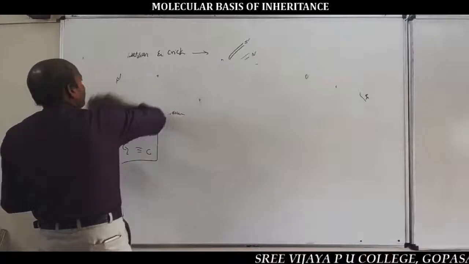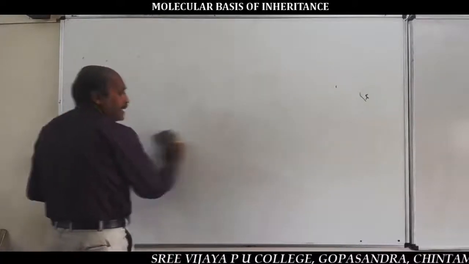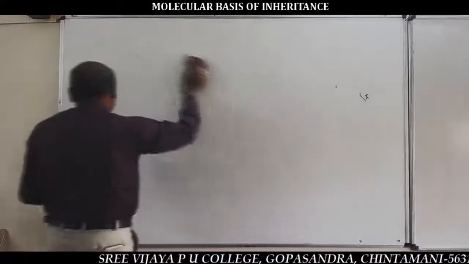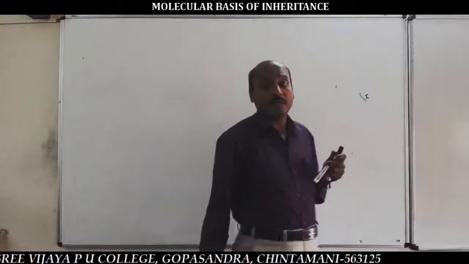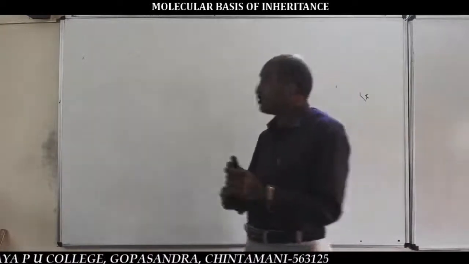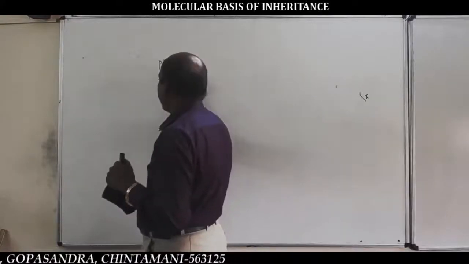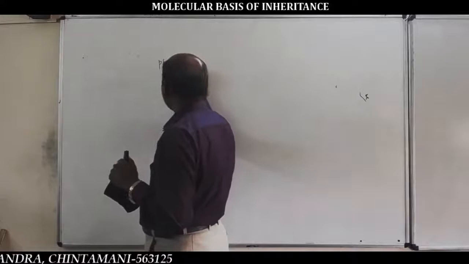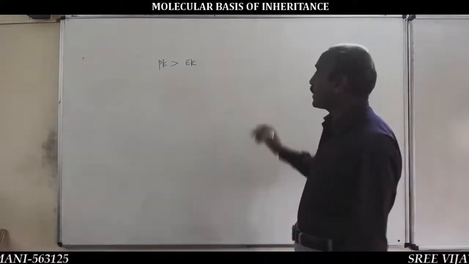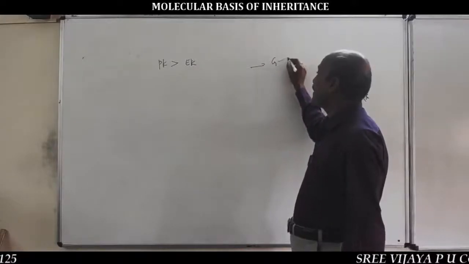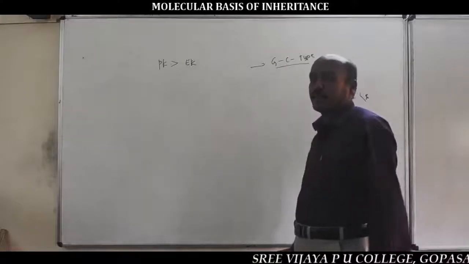And here, the melting point temperature of DNA in prokaryotes is higher than in eukaryotic DNA, because prokaryotic DNA is GC type DNA.